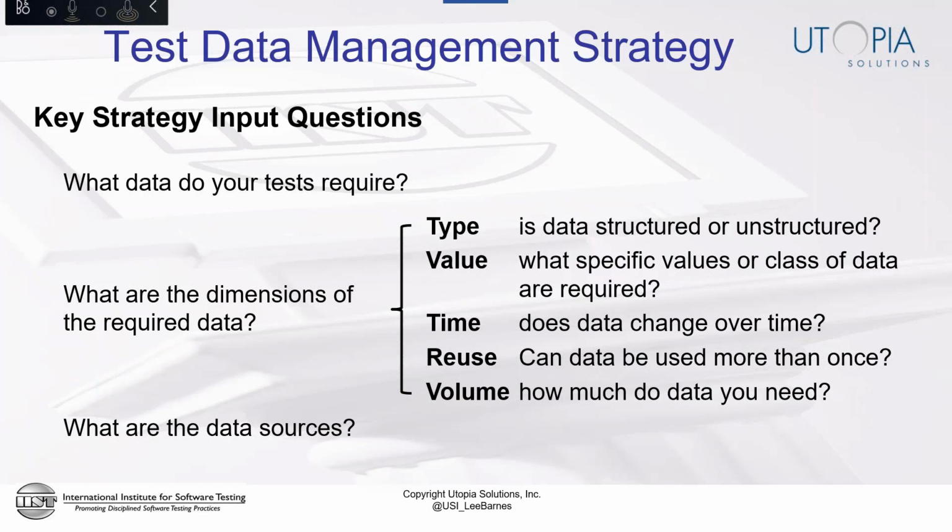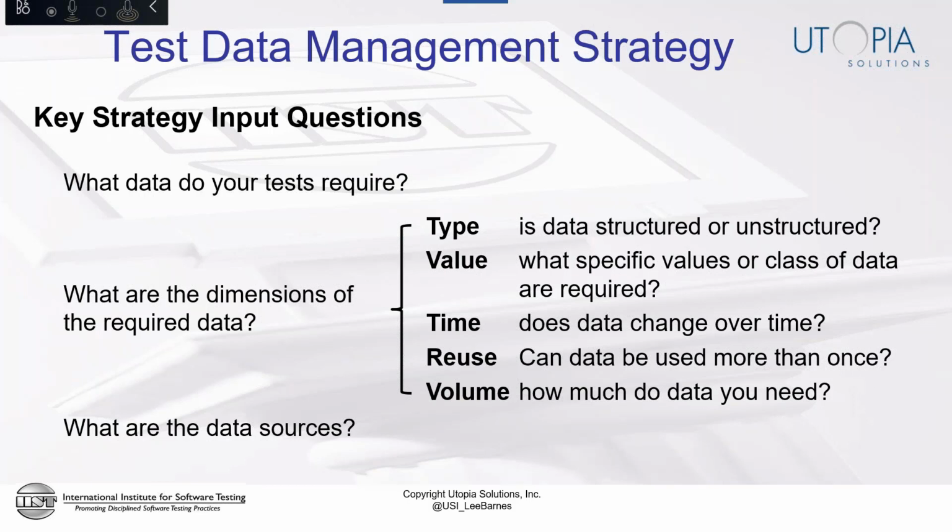First is the type of data. In most cases, this means is it structured or unstructured. But of course, the value of the data, and that may be a specific value required for a test, or just a class of values, maybe an order type or a product type or a user type that's required for the test. Time is extremely important.